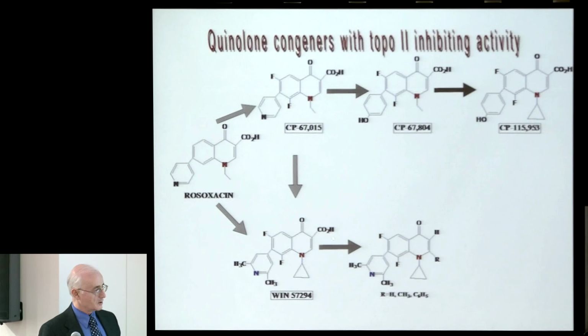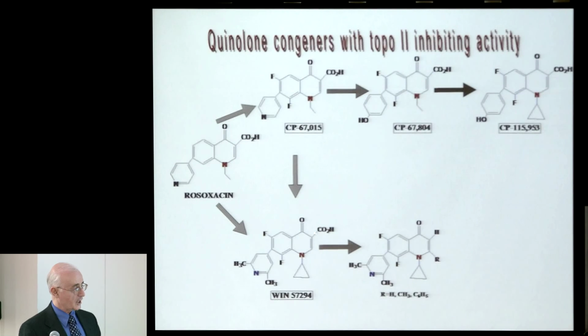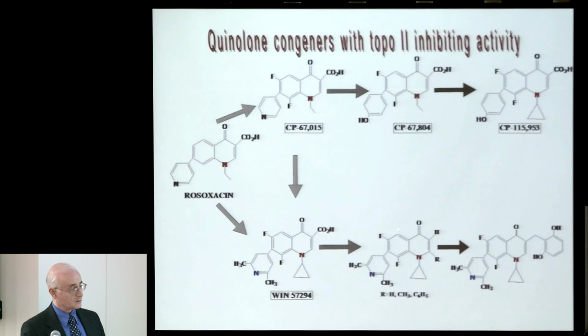So they wanted to know if this is very important for human topoisomerase. What they did, they decarboxylated this molecule, and the activity was still better. And then for the last one, they put in a substitution, a dihydroxybenzyl substitution.